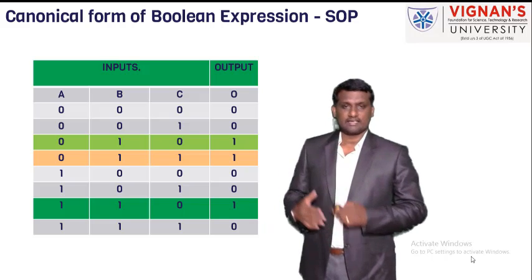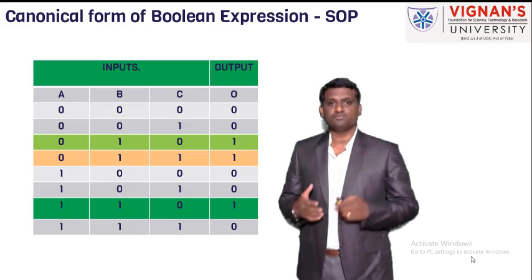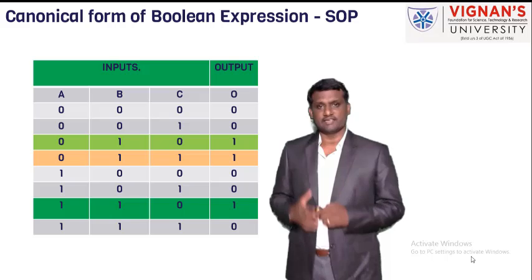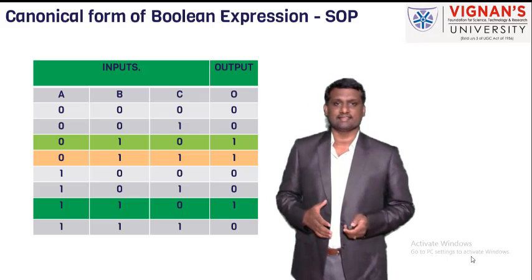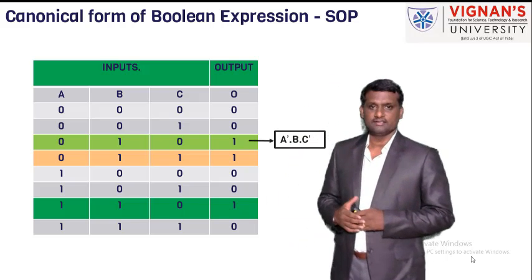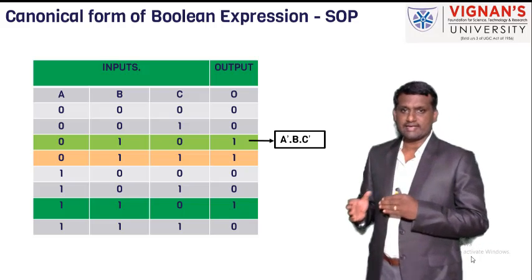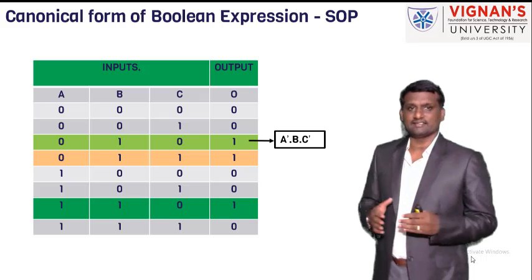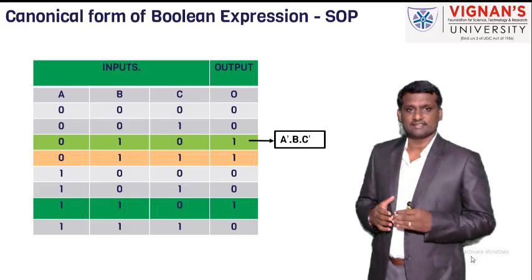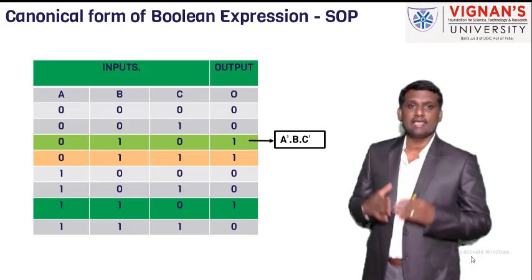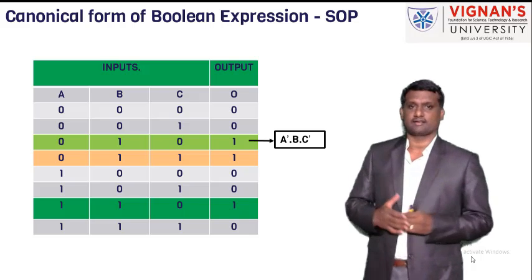The respective product term for each combination of input is represented like this. If you see the combination 0, 1, 0, its product term representation is A bar, B, C bar.